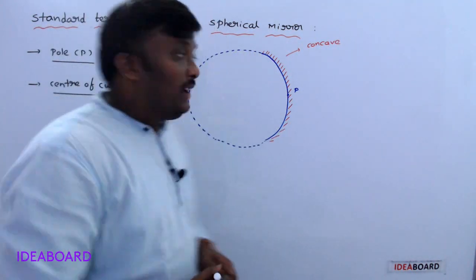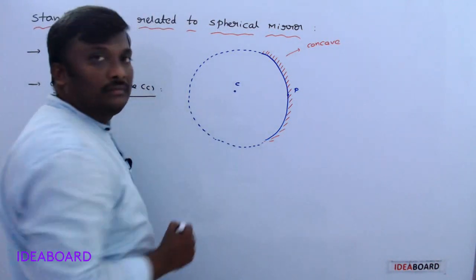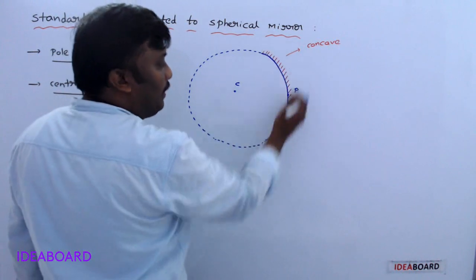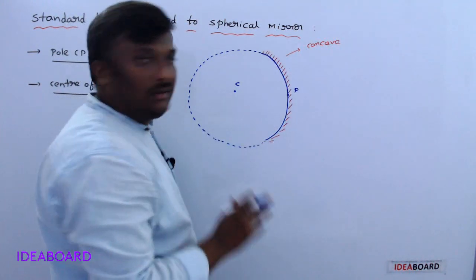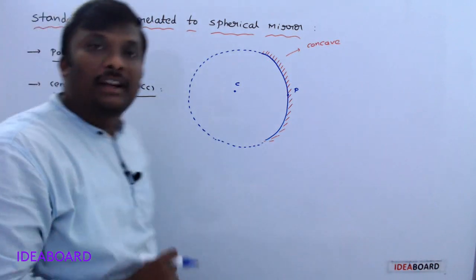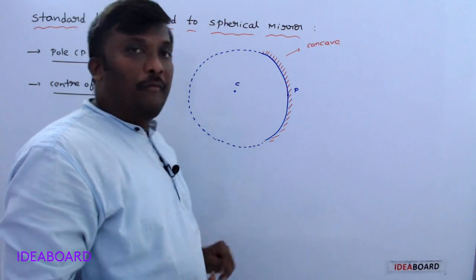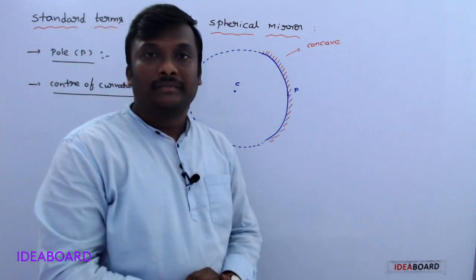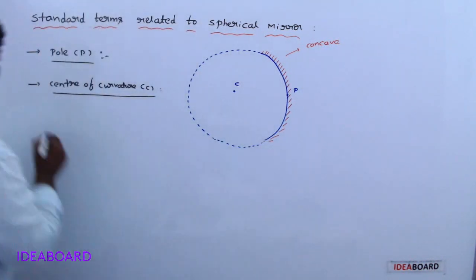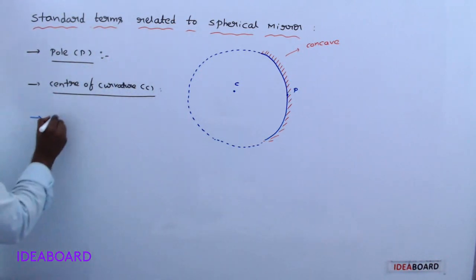So the center of the spherical shell of which the mirror is a part is called the center of curvature. What is the center of curvature? The center of the spherical shell of which the mirror is a part. Understand?